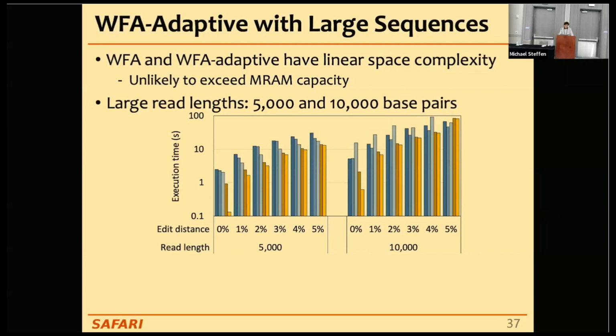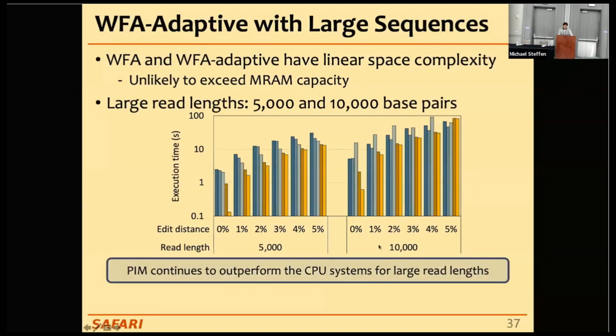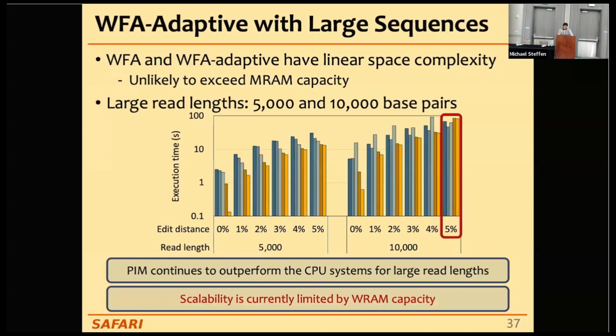Here in this plot, you can see execution time for different edit distance thresholds for read lengths of 5,000 and 10,000 base pairs. So PIM continues to outperform the CPU systems for large read lengths, and that happens for all the experiments only when we are in this extreme case, 10,000 base pairs and 5% edit distance.